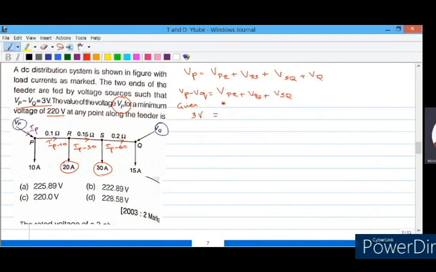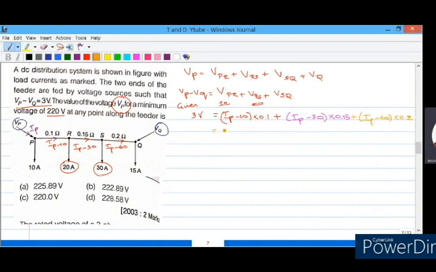Now apply Ohm's law, V is equal to IR. In VPR it is IP minus 10 into R, which is 0.1. Again, for VRS it is IP minus 30 into 0.15. Again, for VSQ it is IP minus 60 into 0.2.